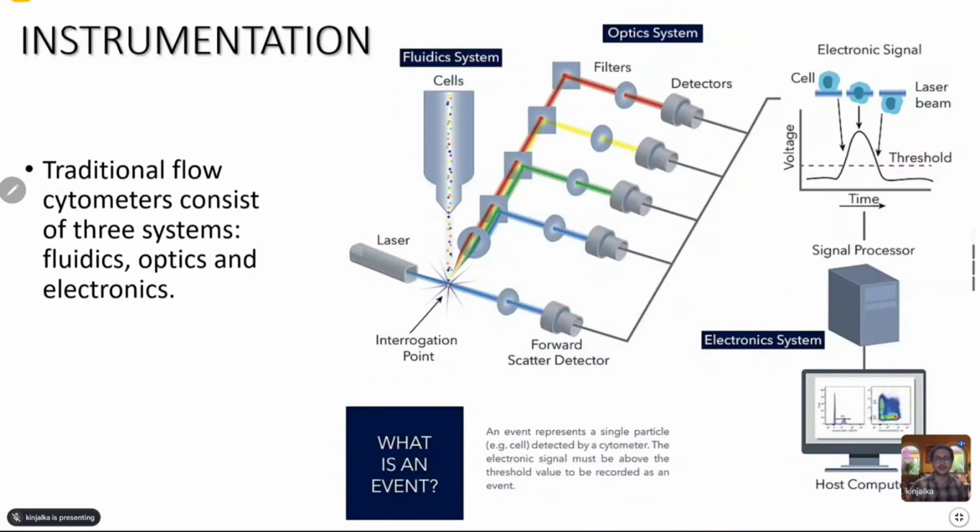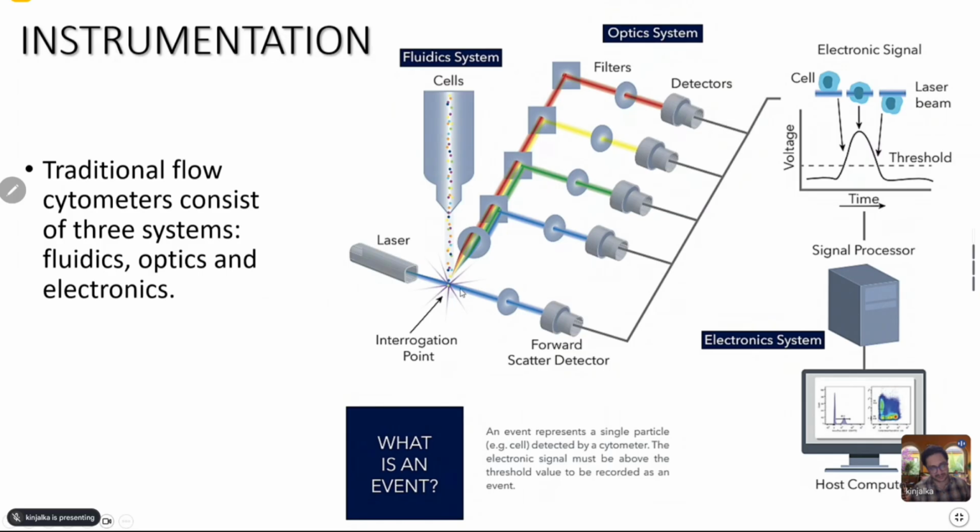When you talk of instrumentation, it basically has three components: a fluidic system, an optic system, and a signal processor electronic system. You see here there is a sheath and it aligns all the cells. The cells pass through in a single line, like a single file. The laser hits the cells, and the light gets scattered.